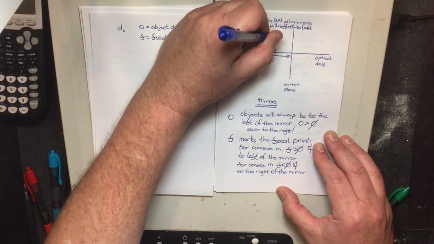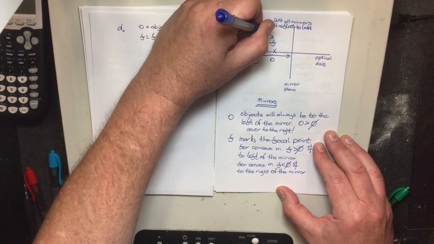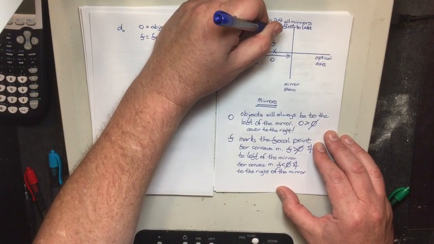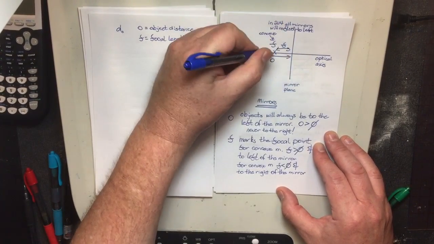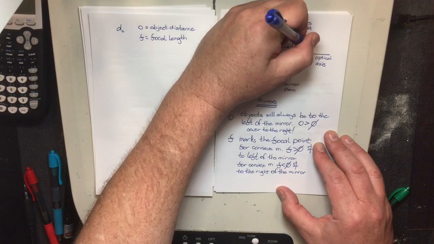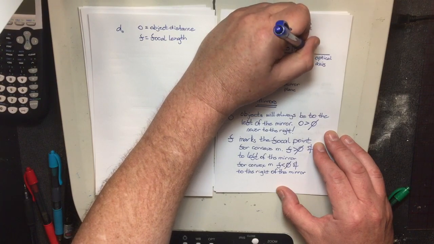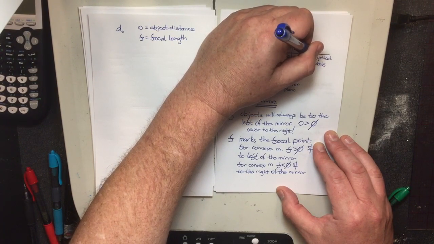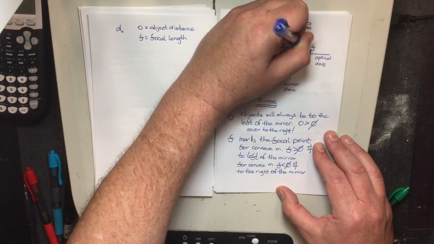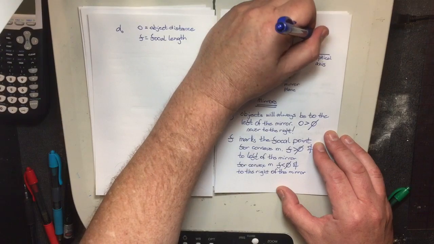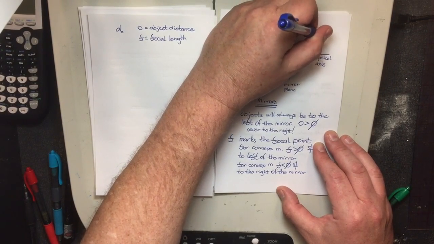So if it is a concave mirror, that's your focal length and that's the focal point. If it is to the right of the mirror, well, this is if it is a convex mirror.